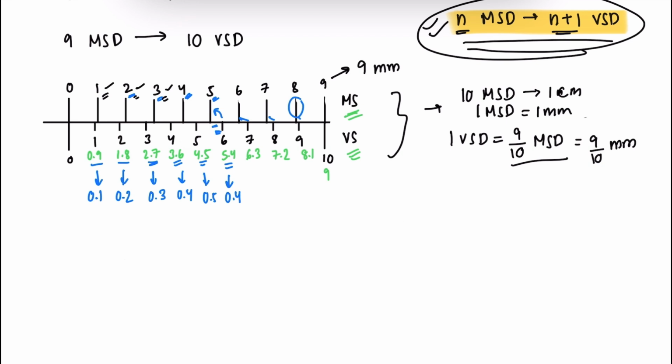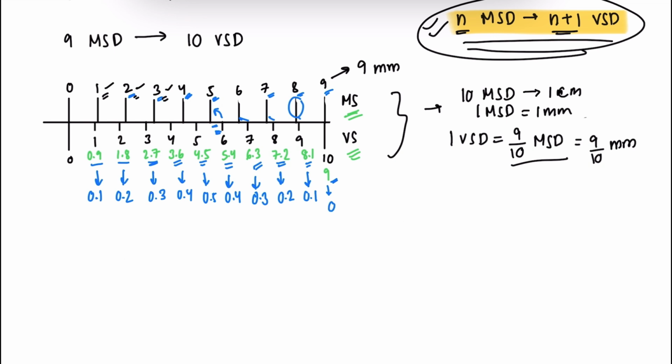When we check 6.3 with 6, again 0.3. 7.2 with 7, that's 0.2. 8.1 with 8, that is 0.1. And 9 with 9, that's 0.